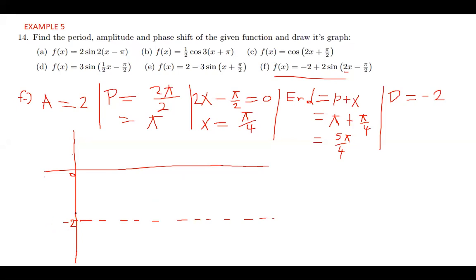When I add 2 to -2, I get 0. So my highest point is going to be on the 0 axis. And if I subtract 2 from -2, I get -4. So this is the axis where my lowest point is going to be. From there, I can now start sketching my graph. I'll put my first point. My graph is going to start from pi over 4.